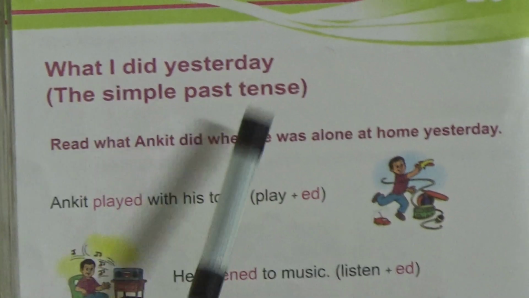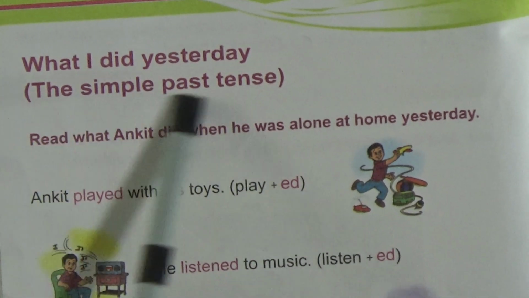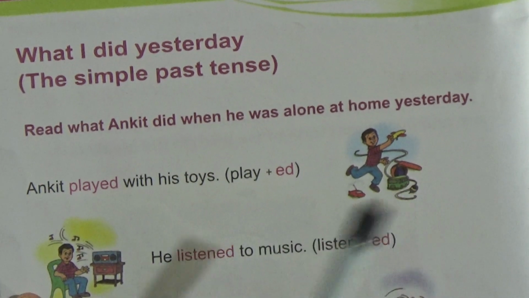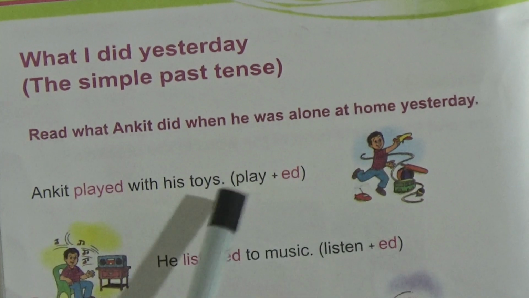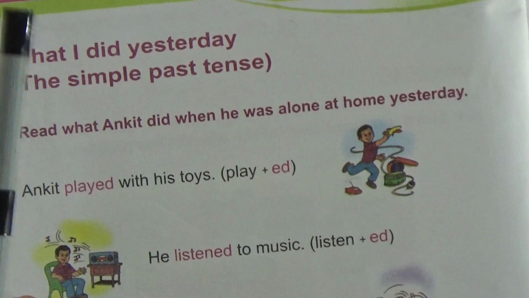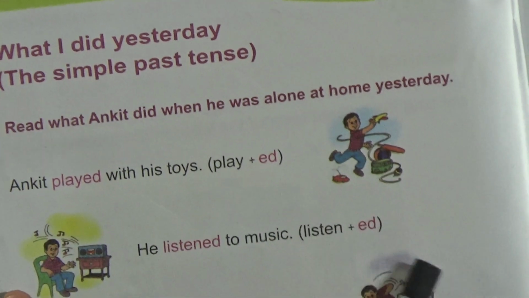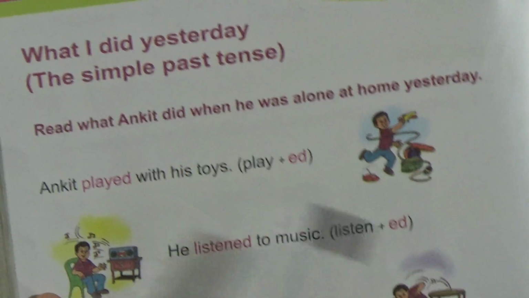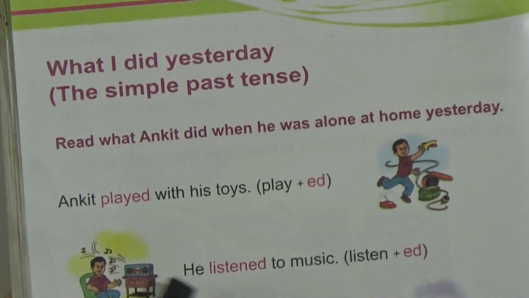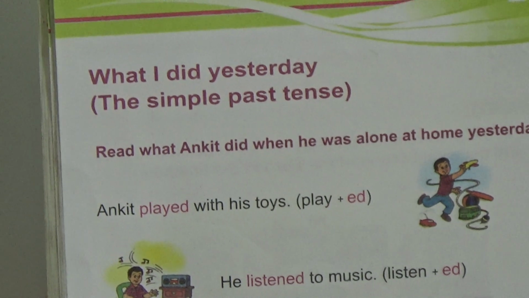For writing this, we have to use the simple past tense. In some cases, we have to add ed. In some cases, we have to add d. In some cases, we have to add t for making it in the past form.